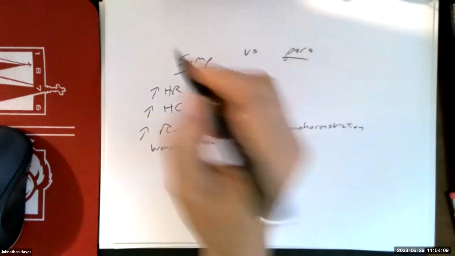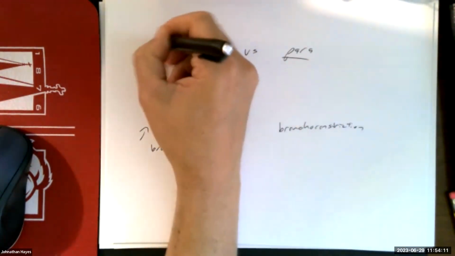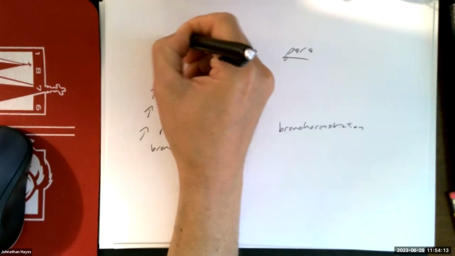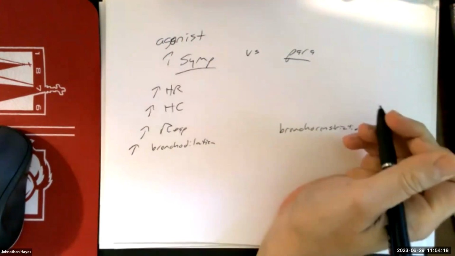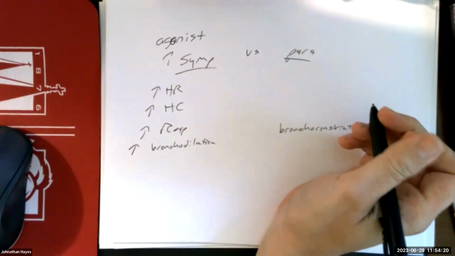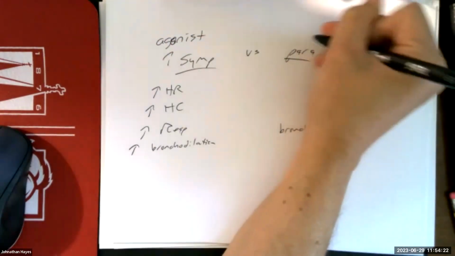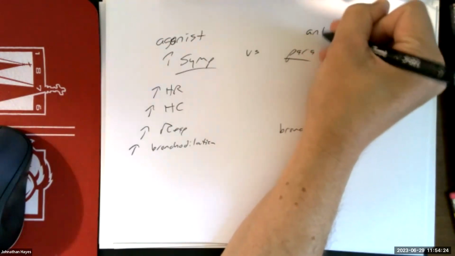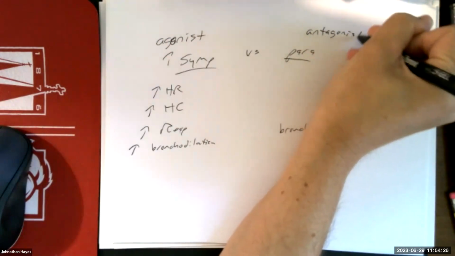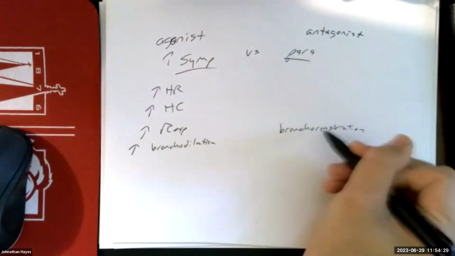So if I have something that can stimulate the sympathetic nervous system, which we might call an agonist, right? That's going to increase sympathetic effects, which would increase bronchodilation. So a bronchodilator. Or I could have a parasympathetic blocker or antagonist, which is going to limit bronchoconstriction.